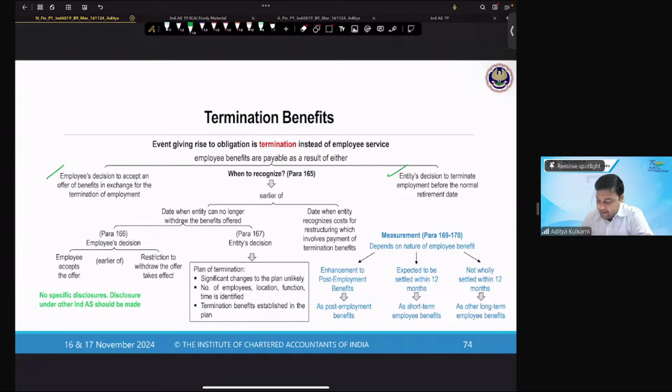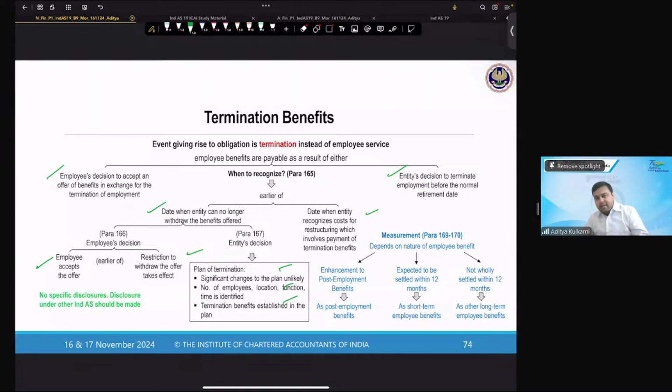The date when the entity recognizes cost for restructuring, which involves payment of termination benefits, or the date when the entity can no longer withdraw the benefits offered, the earlier of these two dates. When can the entity no longer withdraw? Employee decision: the earlier of the employee accepting the offer or the restriction to withdraw the offer taking effect. No specific disclosures, entity's decision, this is the criteria.